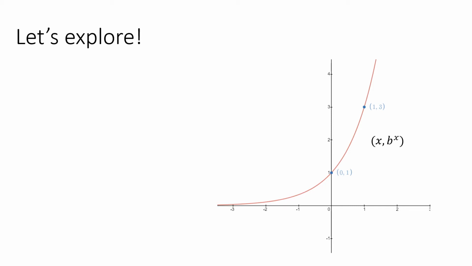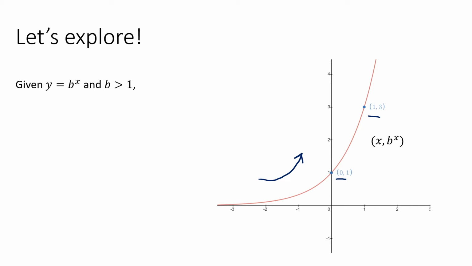On the screen, we have the graph of y equals b to the x, where b is a number greater than 1. As we know, when the base is greater than 1, the graph of b to the x is increasing. Meaning, as x gets larger, let's say from 0 to 1, the y value is also getting larger.